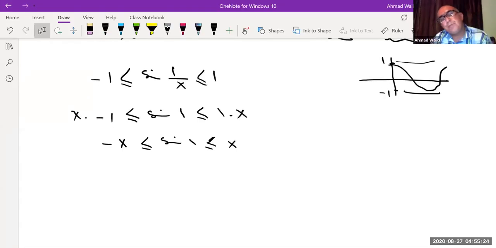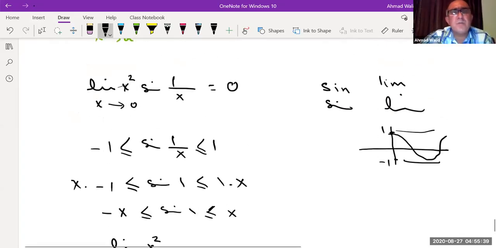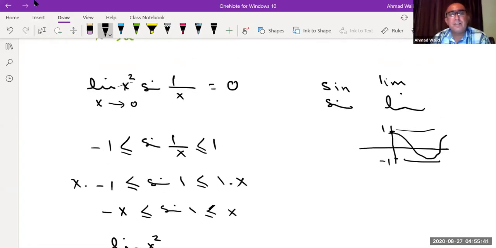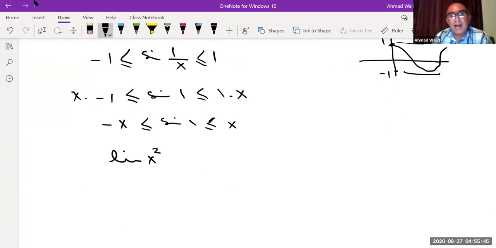Now, if I apply here the limit rules, correct? If I apply the limit rules, can I write the limit of x squared, which is the first part of your function here, based on the product rule, right? As x approaches 0 gives me 0, agree?